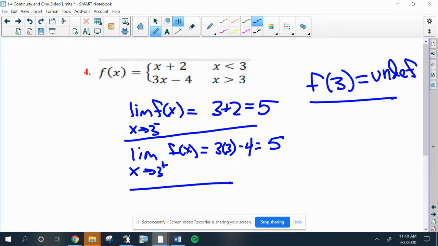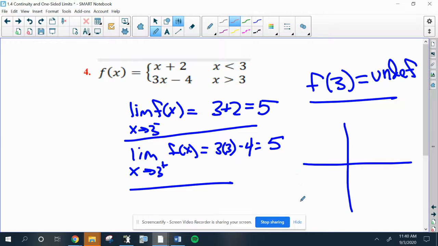But the easier way to do this, if you didn't really have to justify, is just notice that they don't equal 3. So even though these match, they'll both match with an open circle, which means we're going to have a removable discontinuity. So if you wanted to think about what the graph looked like, here's another way to look at it.